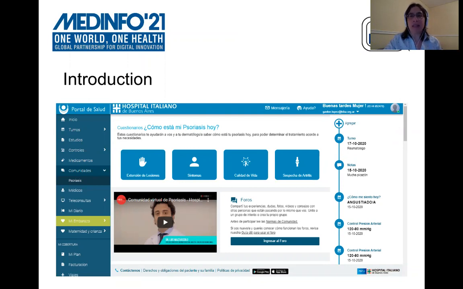It includes a section of information for patients, a forum for active participation, a dynamic timeline displaying related events for patients with psoriasis, such as scheduled visits to dermatologists, and also a section that offers self-reported questionnaires on disease severity to be completed by patients.